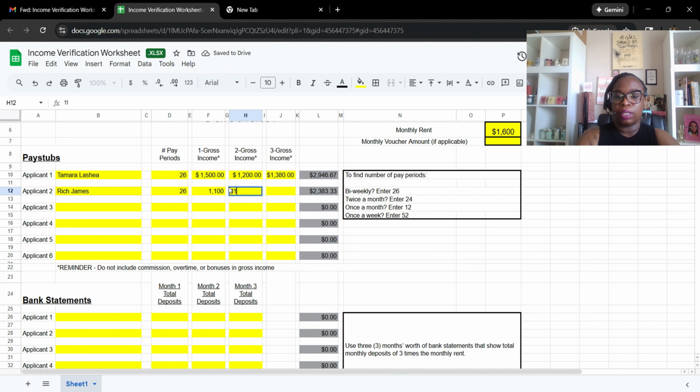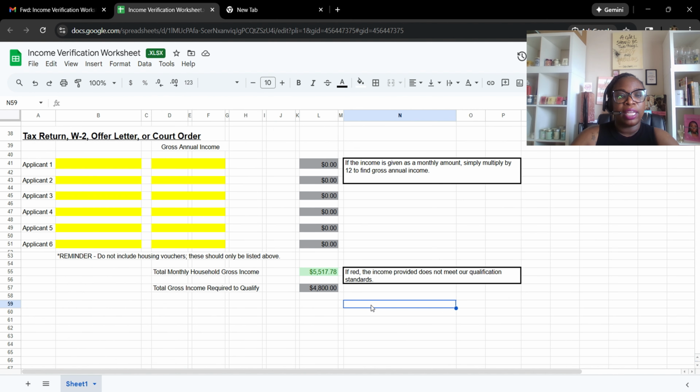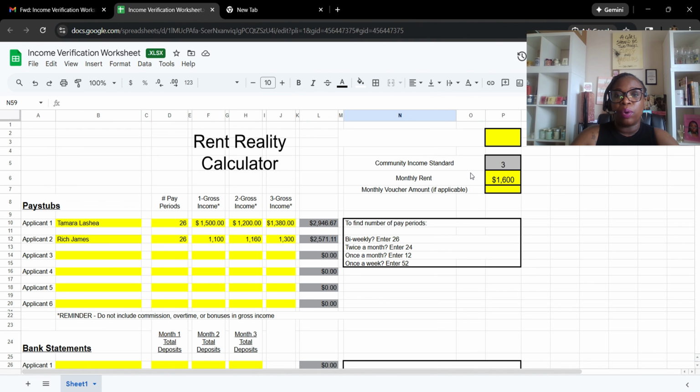Then $1,160. And on his last check, let's say he got a little bonus, so maybe $1,300. These are going to be the average income of both of these people combined. Now, let's scroll down to the bottom to see if they can afford it. Together, they can safely afford $1,600 a month at a community which requires them to make 3 times the rent.